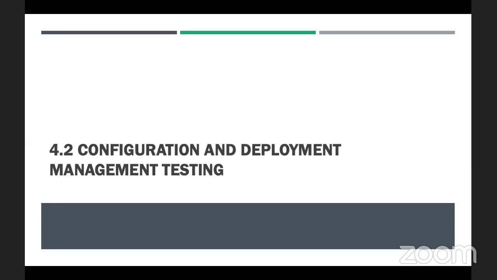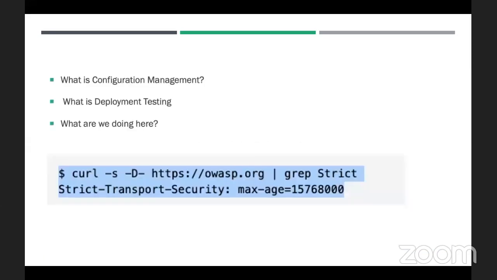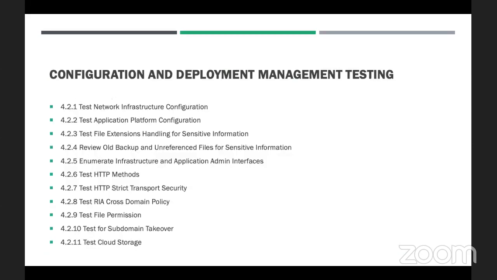There were some files which were not referenced at all, not categorized. They were supposed to be sensitive, but they were not categorized, so they were lying open, anybody could see them. So configuration management and deployment testing talk about how we can test all those things which should be tested as part of the configuration management.